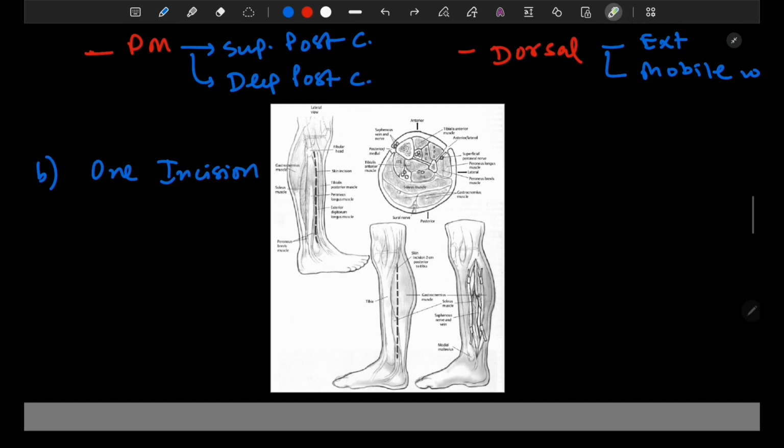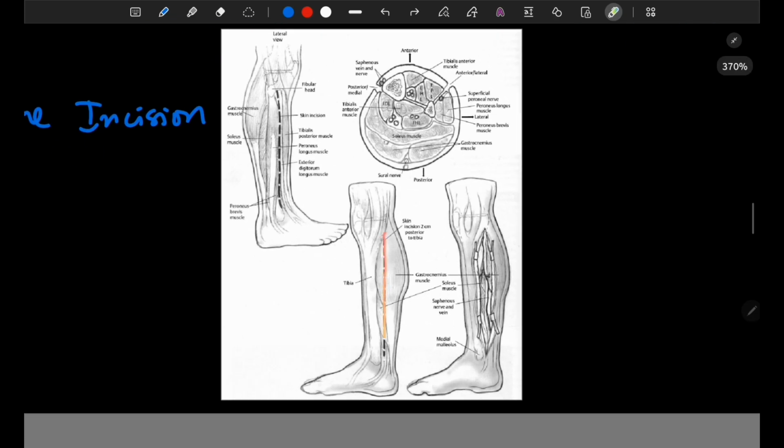For the posterior compartment, we have to go for a posteromedial incision, as we can see in this image. This incision is taken 2 centimeters posterior to the posteromedial border of the tibia. This is the tibia and this is the posteromedial border. The incision should also be 15 centimeters long.